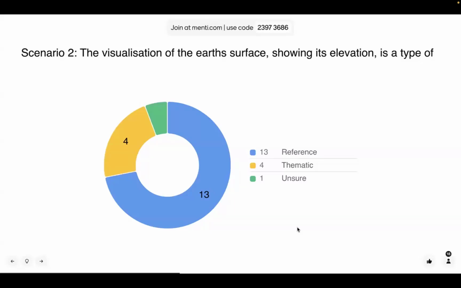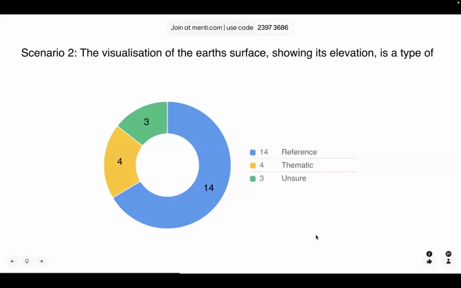Okay, so the majority of users have said that this is indeed a reference map, with a few people voting thematic and a few people voting unsure. So let's go ahead and discuss what the correct answer would be.